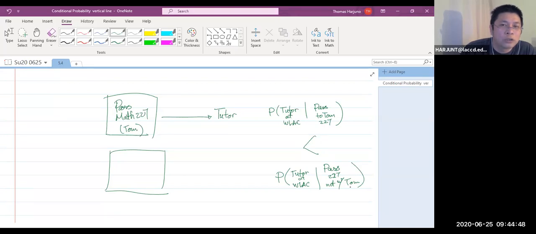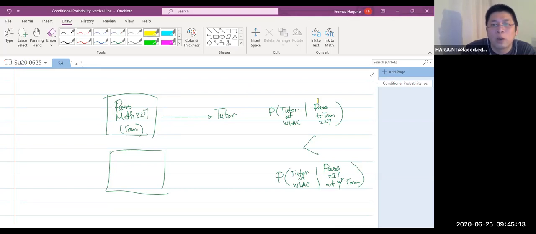And those students who pass 227 not from me and they tutor, there is a chance that they may pass that 227 but not do well in their other courses, such that they have time to still tutor at West LA College.